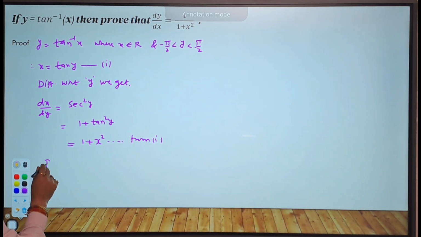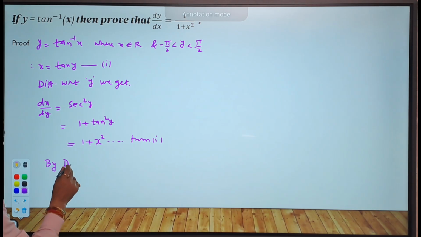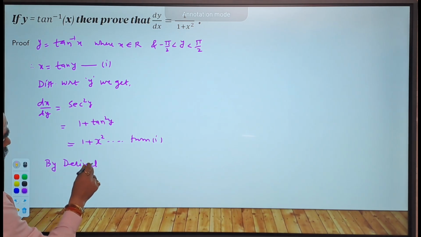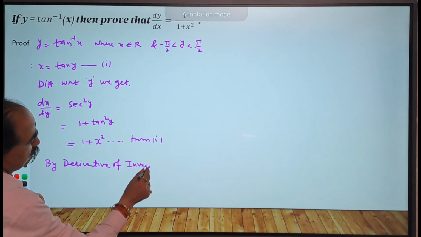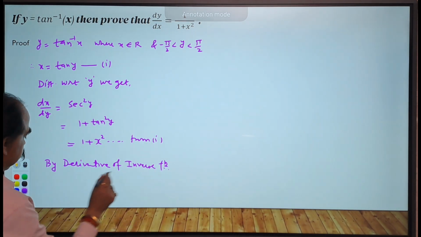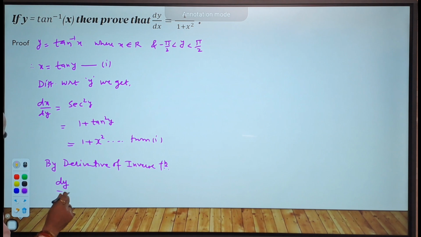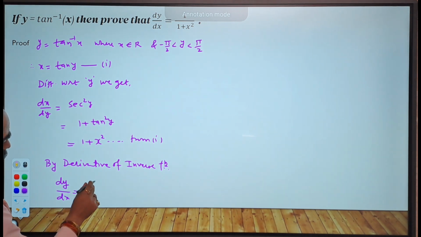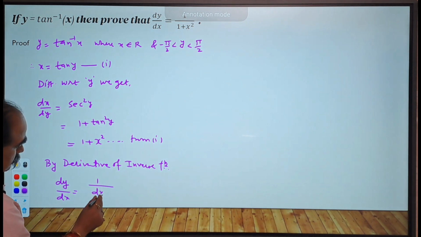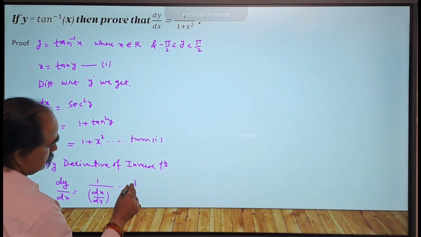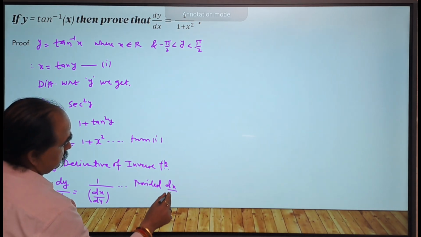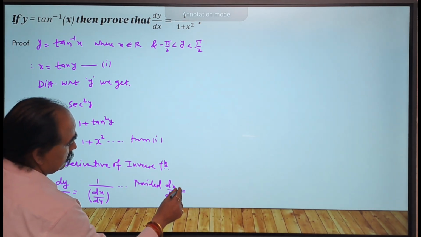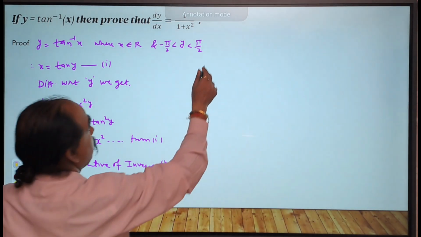By derivative of inverse function, dy by dx is 1 upon dx by dy, provided dx by dy is not equal to 0.